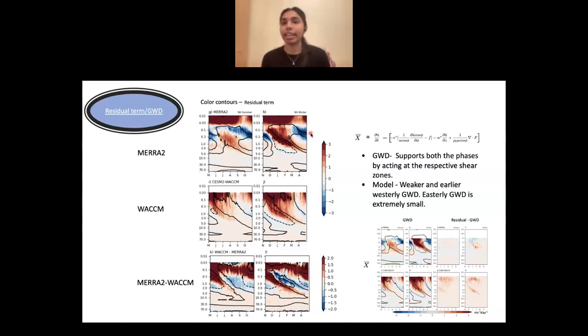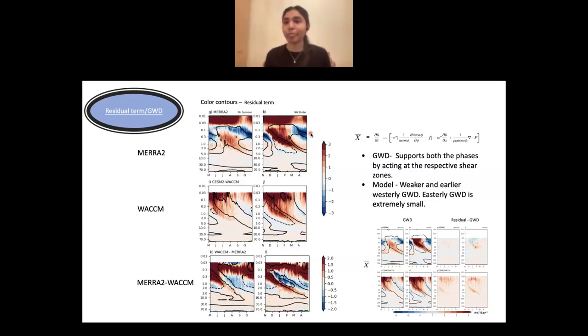This actually connects with the vertical advection that we saw earlier. This easterly gravity wave drag will give rise to an induced upwelling, which results in the positive vertical advection values that we saw earlier. So in MERRA2, the negative values from the gravity wave drag balance the positive values from the vertical advection, and it goes to zero.